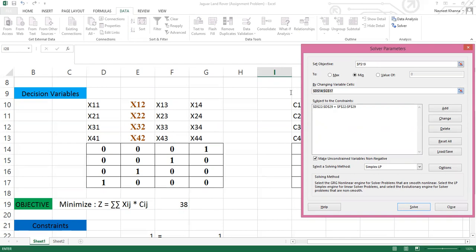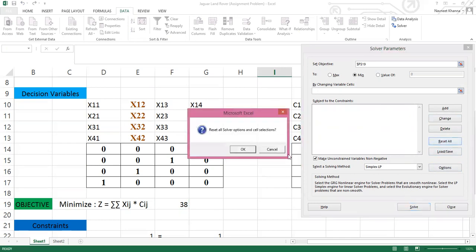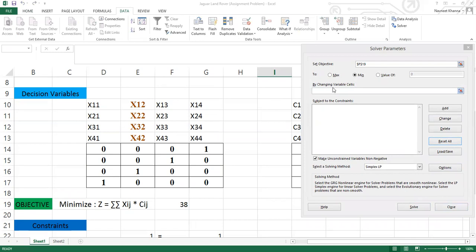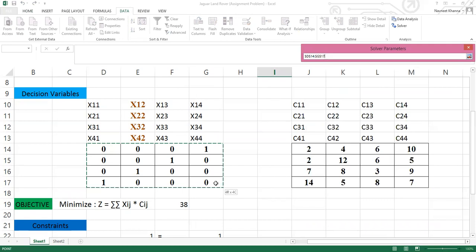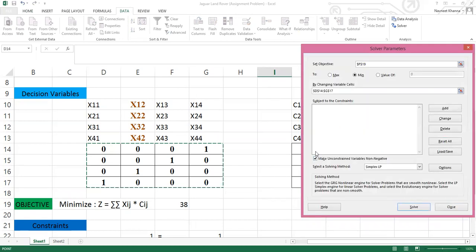By changing variable cells, we need to find out the values of the decision variables, so I am selecting these, right?